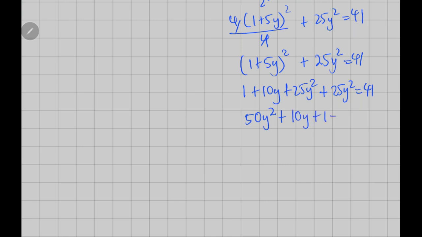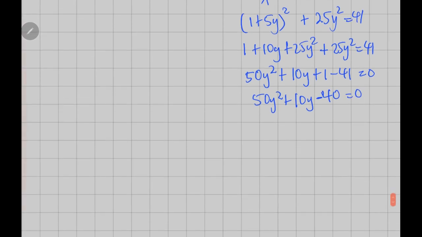If the 41 comes to that side, minus 41 is equal to 0. So 50y squared plus 10y, and 1 minus 41 gives negative 40, is equal to 0.